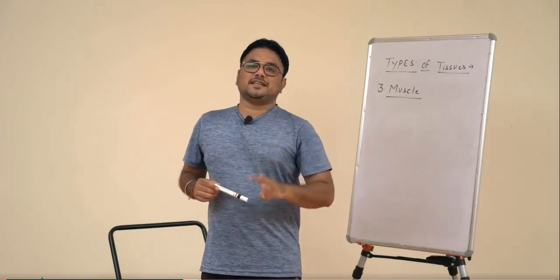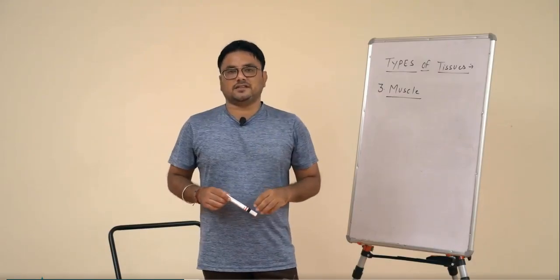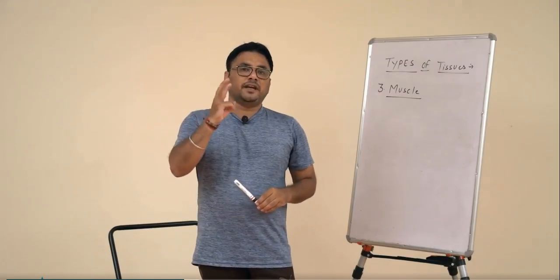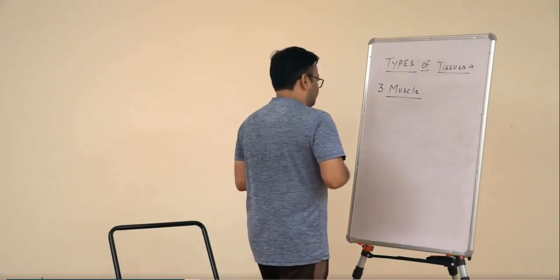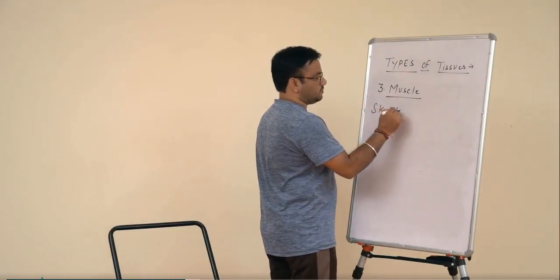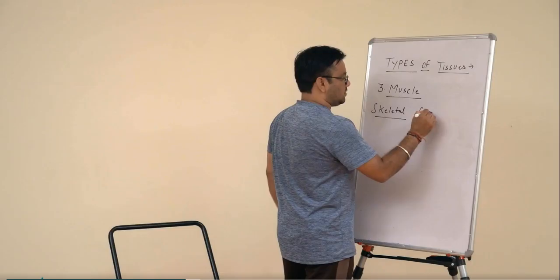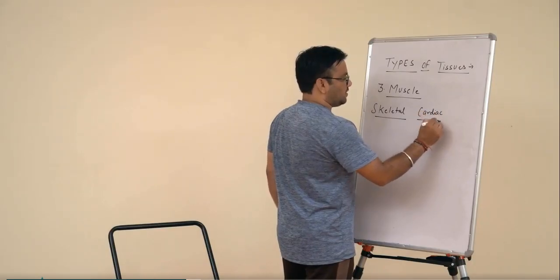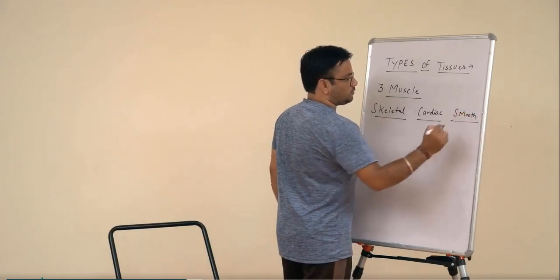But we categorize these muscles mainly into three categories. The first one we call skeletal muscles. The second one, cardiac. And the third one is smooth.